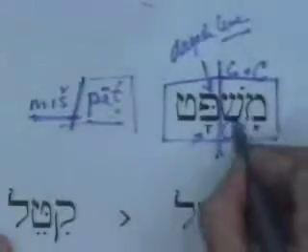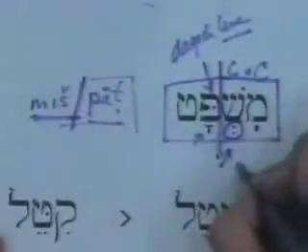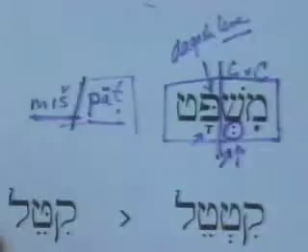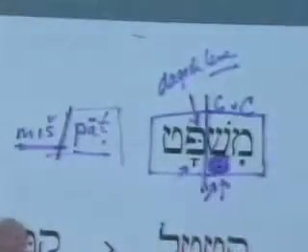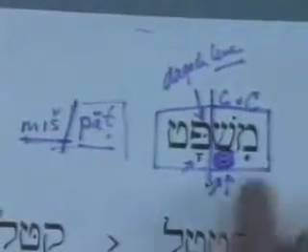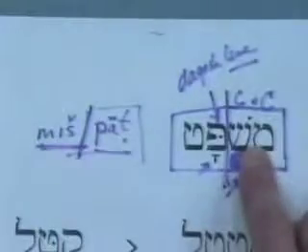Now, what's this schwa doing here? The answer? Absolutely nothing. This schwa is taking up space. We could have just as easily written this word with nothing there. Do you see that? With nothing there, and it would have sounded the same. Mishpat.